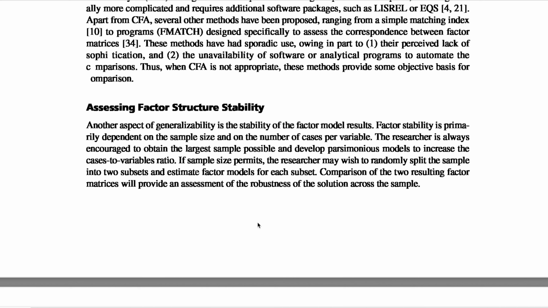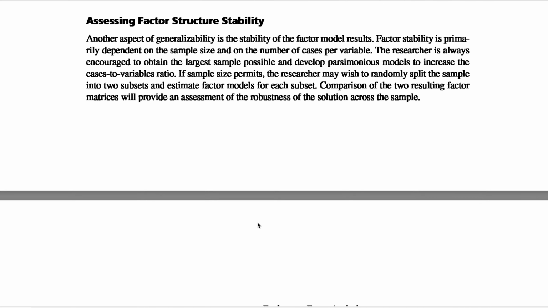If sample size permits, the researcher may wish to split the sample into two subsets and estimate the factor model for each subset. Comparison of the two resulting factor matrices will provide an assessment of the robustness of the solution across the sample.